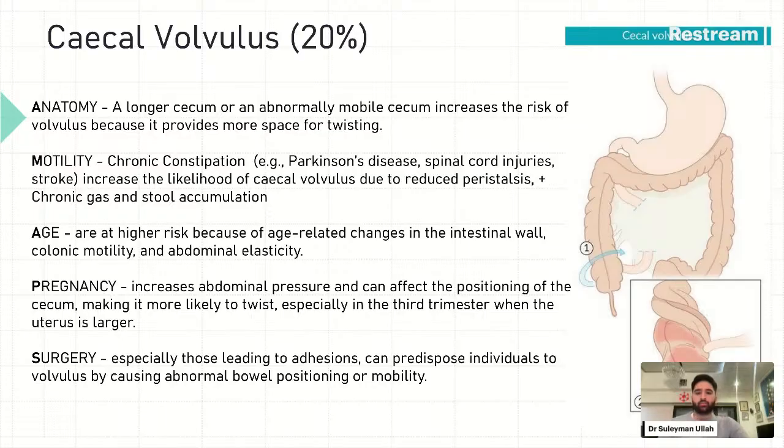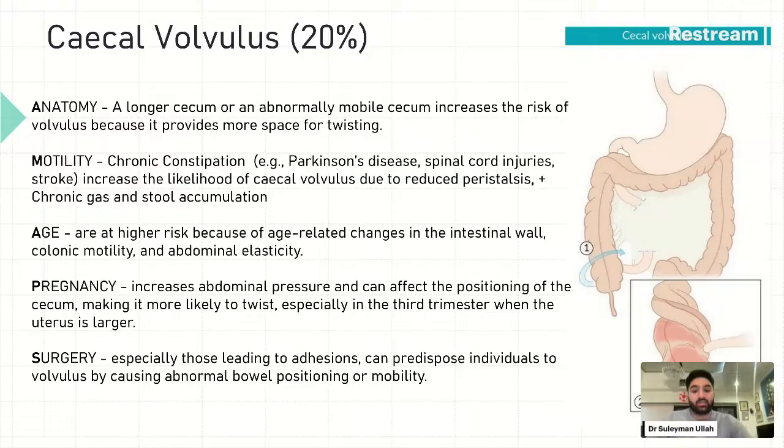And it's caused by a similar presentation, similar background. It's more due to chronic constipation, and you'll tend to see it in care home residents, dementia, spinal cord injuries is another one, stroke, and it's more to do with reduced peristalsis, which results in chronic constipation, and therefore a volvulus, a twisting of the mesentery.